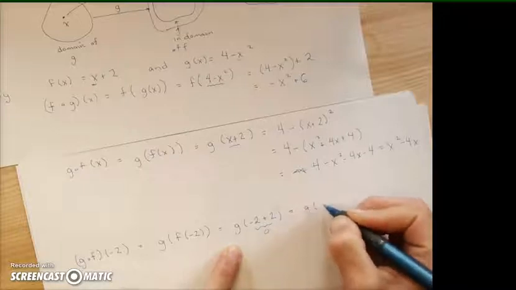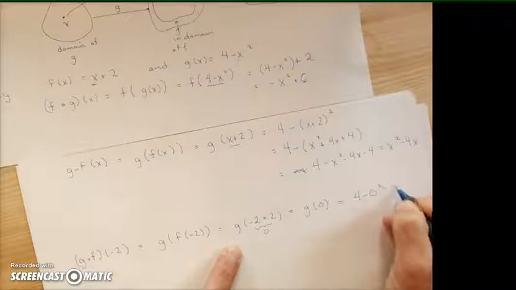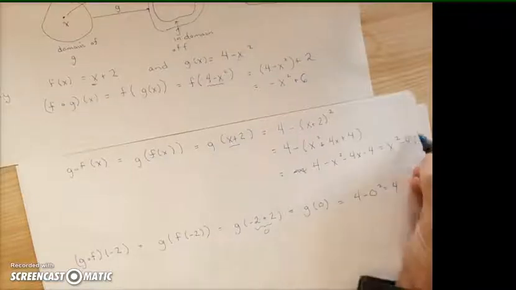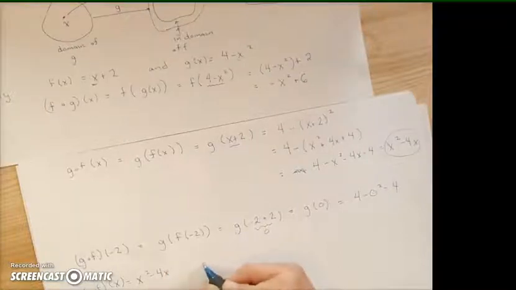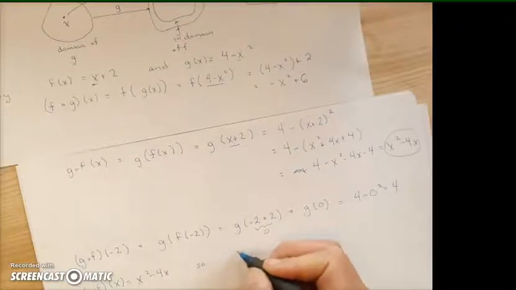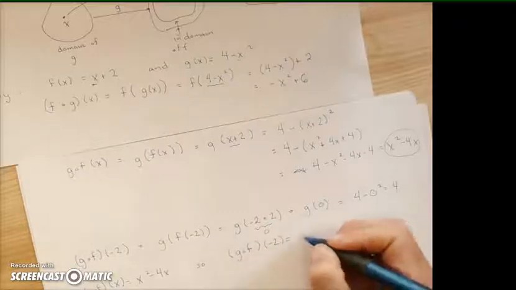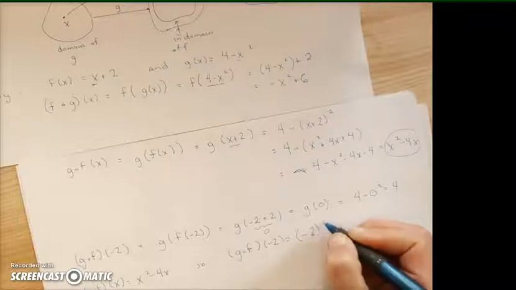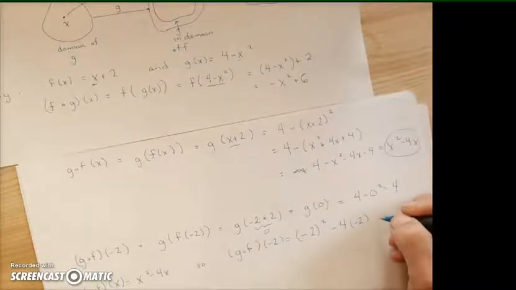So now I'm doing g of 0, which is going to be 4 minus 0 squared, which is 4. The other way I could do it is I already know g of f of x equals x squared minus 4x from our last example. So g of f of negative 2, I just plug negative 2 in for x here. Negative 2 squared minus 4 times negative 2, which is 4.